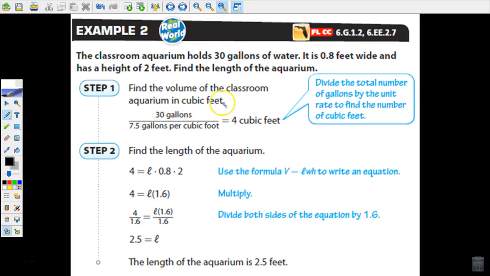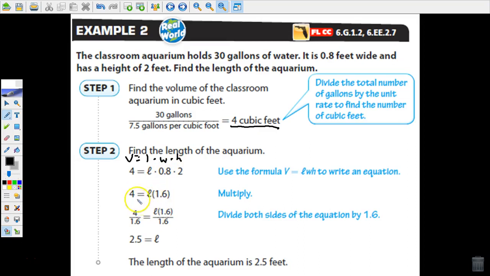Okay, so now that I found that, it's basically the same thing again. V equals L times W times height, and then we just solve. We plug in everything that we found. This is now our volume, since we just found that out. And then we just solve from there. 0.8 times 2 gets me to 1.6.